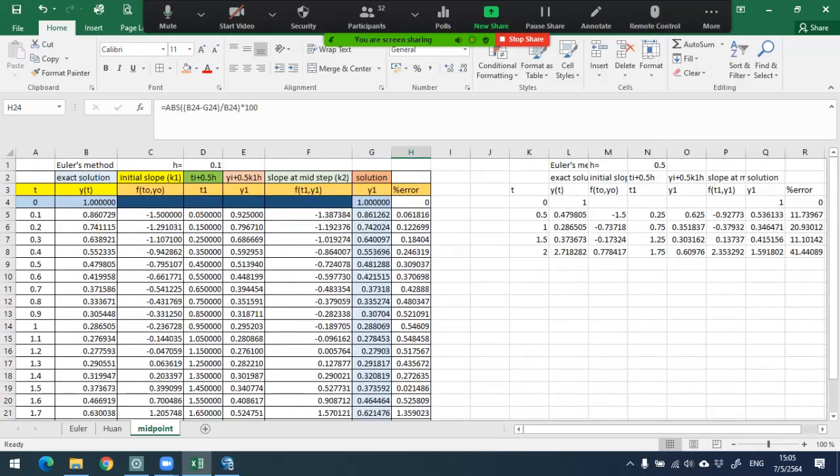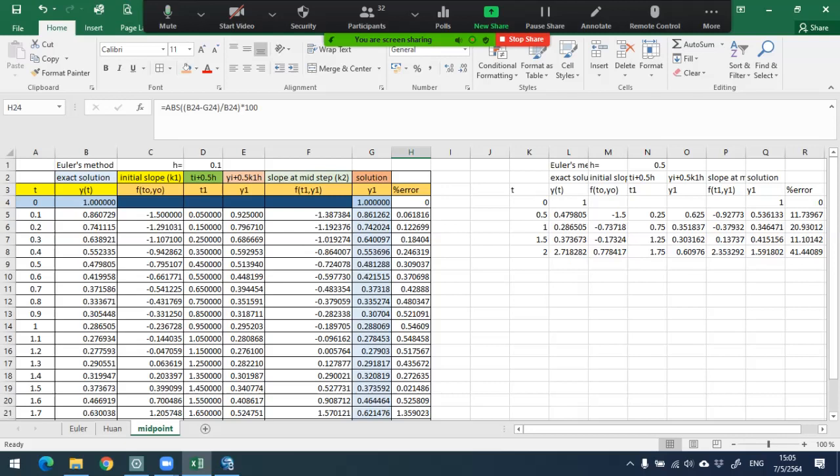But from this concept, you see that we can adjust a little bit. We can adjust the term to try to forecast the solution of the ordinary differential equation based on Euler, Heun, and modified Euler or midpoint.